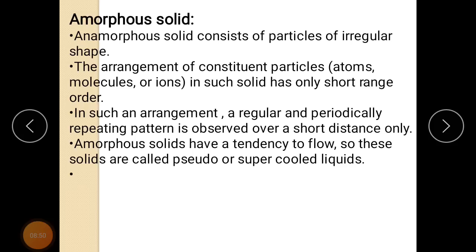In such an arrangement, a regular and periodically repeating pattern is observed over a short distance only. The arrangement of particles is not repeated periodically. Amorphous solids have a tendency to flow, so these solids are also called pseudo or supercooled liquids. They have a tendency to flow like a liquid.